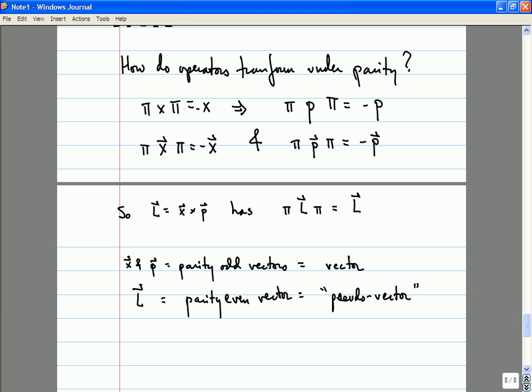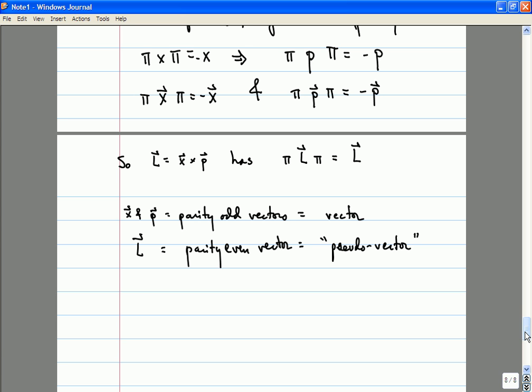And remarkably, there's a similar set of considerations that occur with scalars. So, for example, the scalar x squared is a parity even scalar. And the name that we give to parity even scalars is scalar.